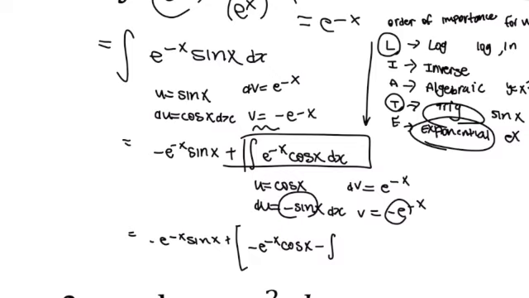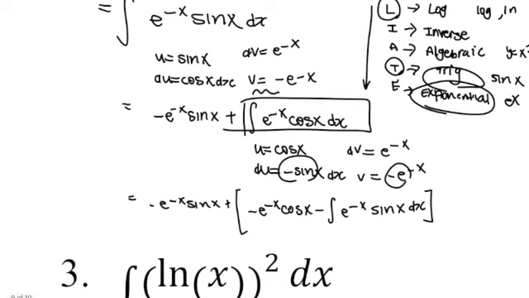So our negative sign already here would just stay a negative instead of positive. And then e to the negative x, and then sine x dx. So we see now that it just returned back to the original, right? Okay, returned back to the original.